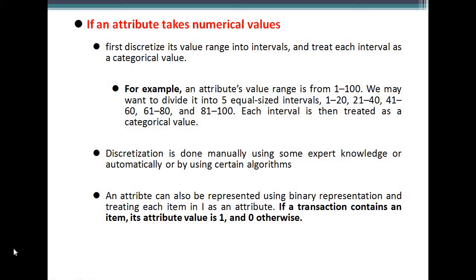For example, if I have a value range from 1 to 100, I would divide it into 5 equal sized intervals, and assign each value to the interval to which it belongs. Or I can convert it into a binary representation. That is, if a value belongs to a particular category, it is represented by 1, and if it doesn't belong, it is represented by 0. So these are the different methods of representing different types of data as transactions.